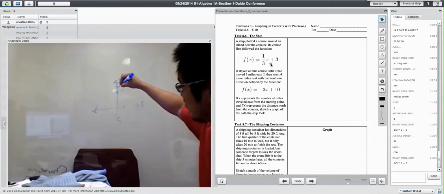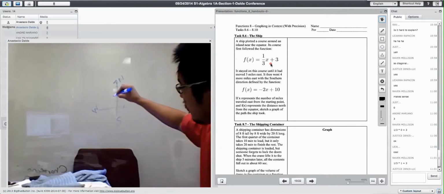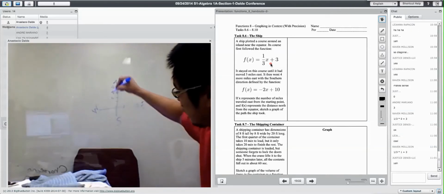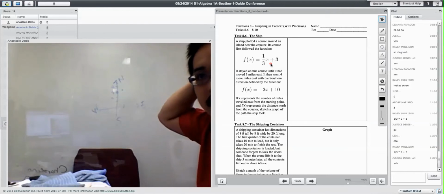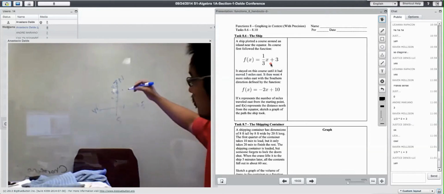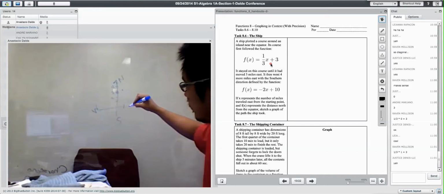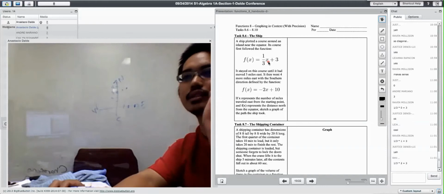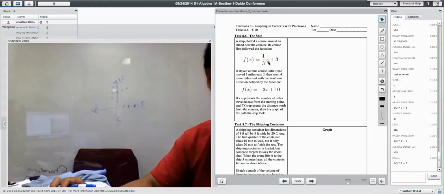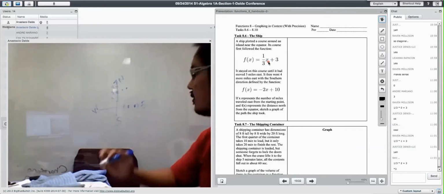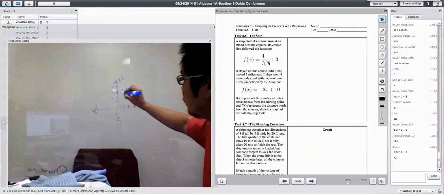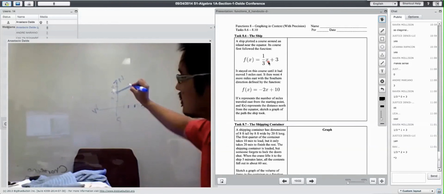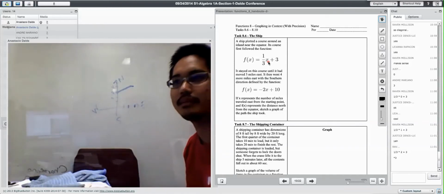So this is 1 mile, 2 mile, 3 mile, 4 mile. You're about 1/3 of the way up there. At 2 miles away, you plug in 2 and you'll get up to here. And at 3 miles away, you plug in 3 and you'll have 1/3 times 3, which is 1, plus 3, which is 4. So you'll go up to 4. We cool? So this is the direction that they traveled. Got it?